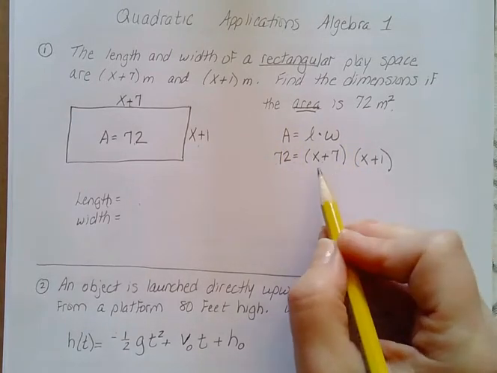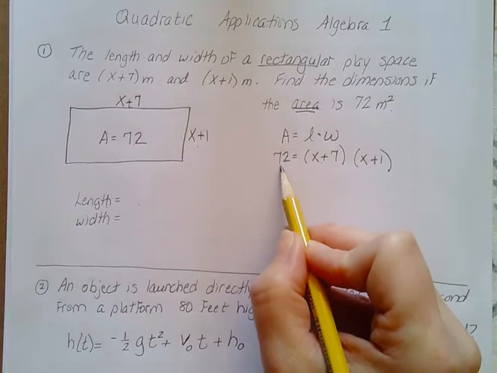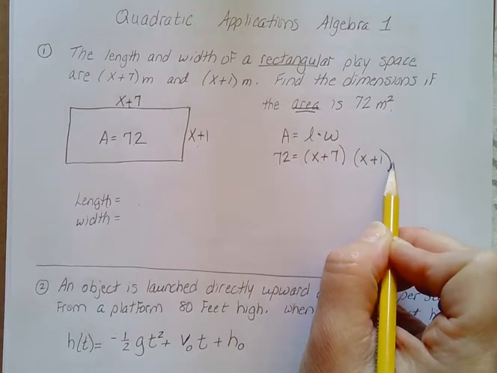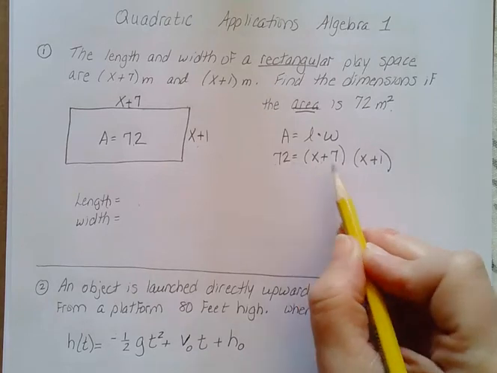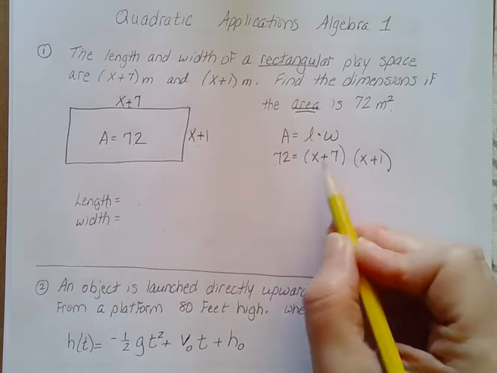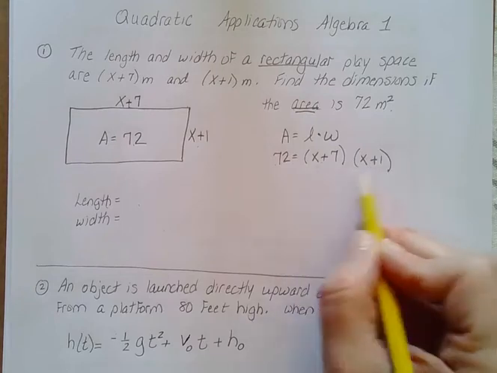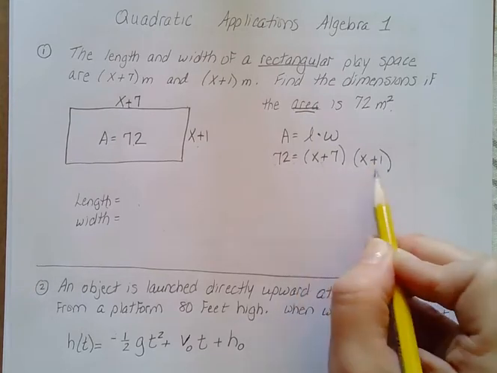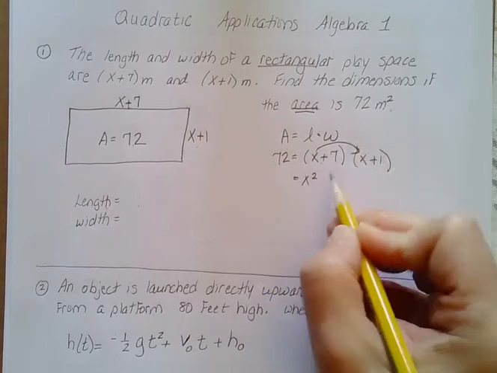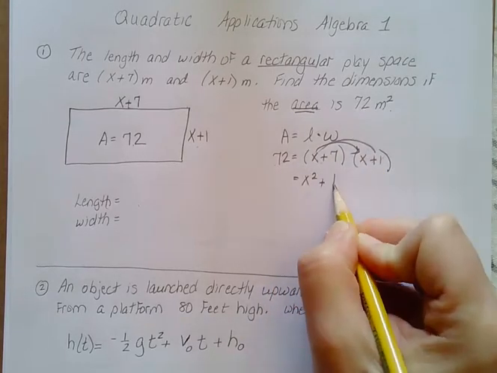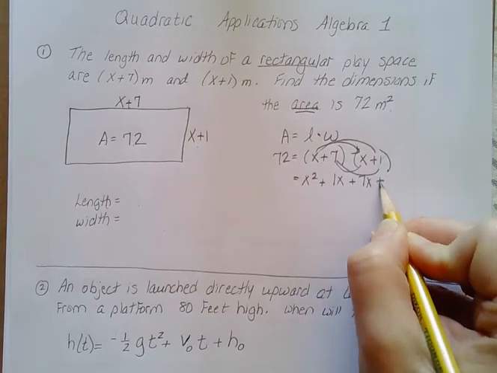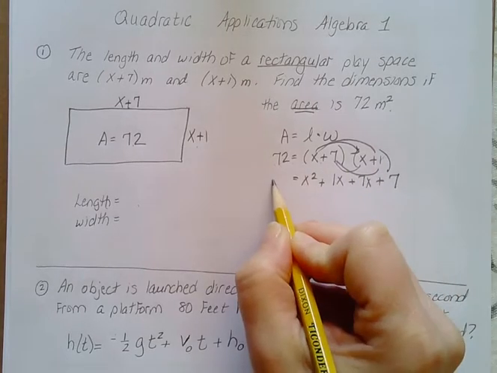So what we have to do is make this equal to 0, so we are going to have to subtract 72 to the other side of the equation. Well, at that point, that's going to be a hot mess over here. We actually need to combine the 72 into this, which means this guy's got to be multiplied out. I'm going to start there. So x squared plus 1x plus 7x plus 7 equals 72.